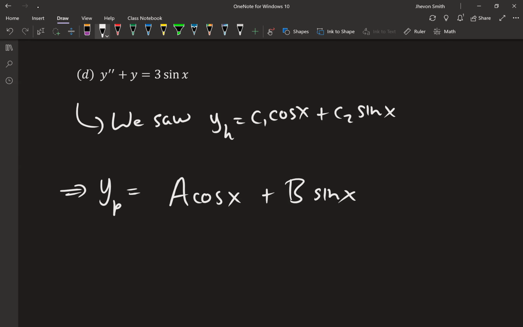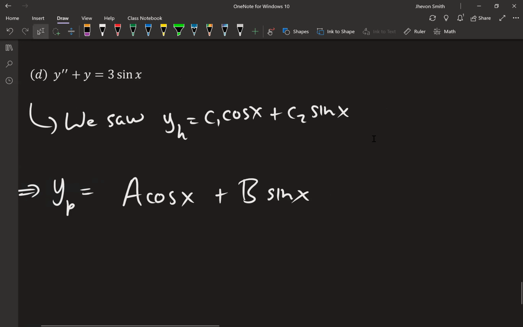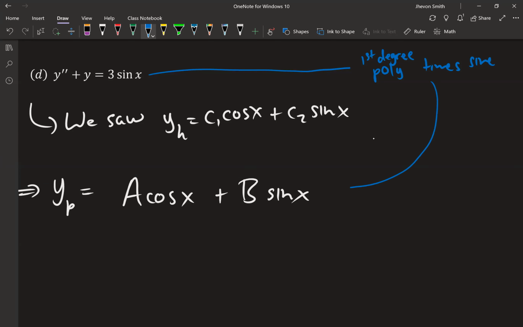So the initial guess starts out by just trying to get something to look like the G. So here, this is a first degree polynomial times sine. So my guess is going to be a first degree polynomial times cosine plus a 0th degree.